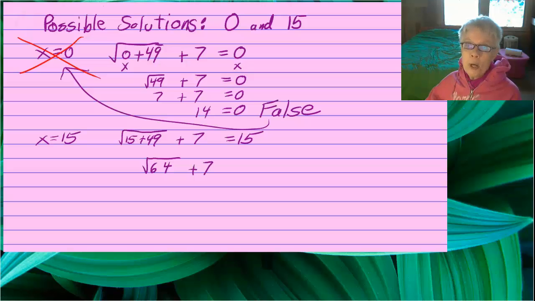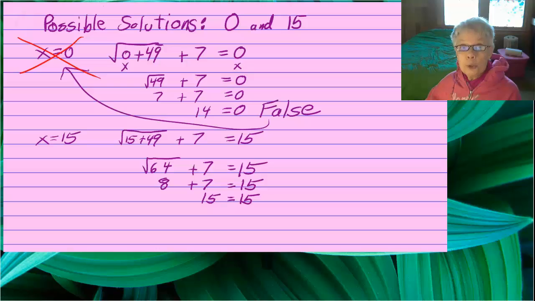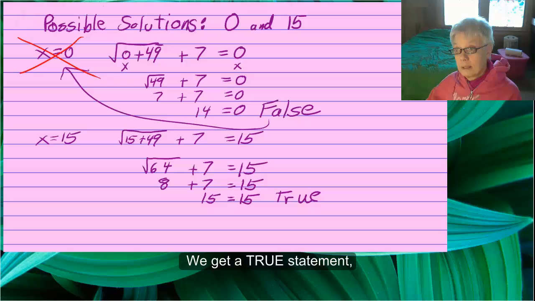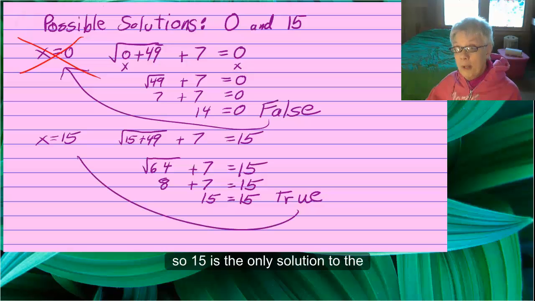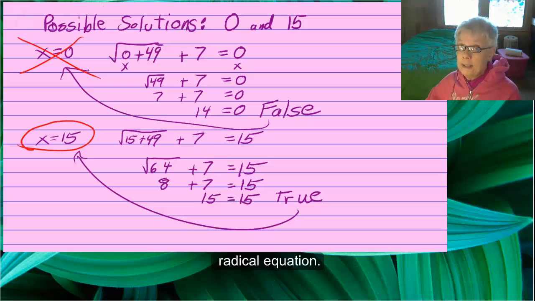So this will be the square root of 64 plus 7 equals 15. 8 plus 7, does that equal 15? You bet. So 15 equals 15. That's a true statement. And what that means is that 15 is a solution. It's our only solution to this problem.